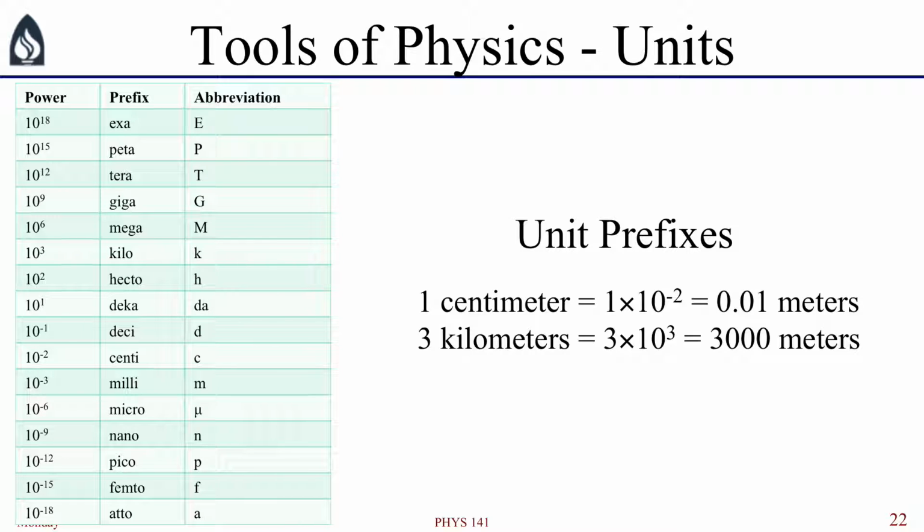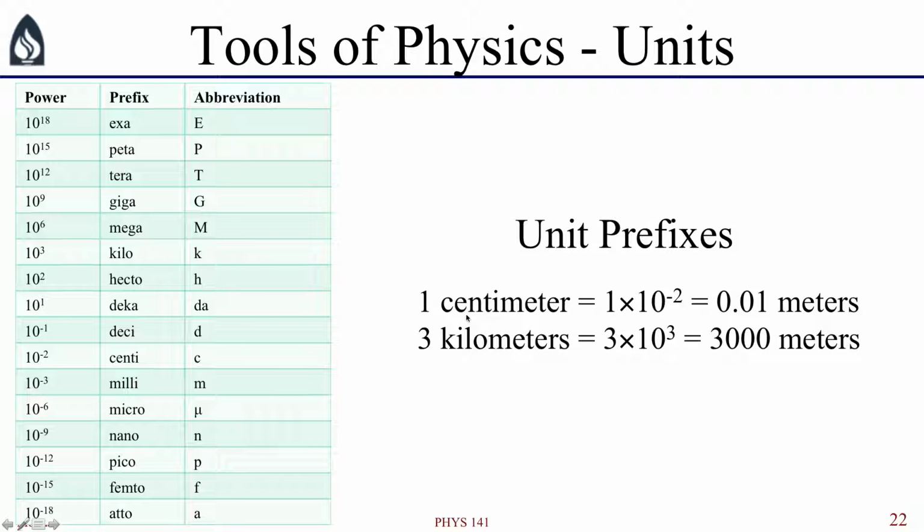Now, as we mentioned before, in physics we are describing everything from atoms and particles to galaxies. And so we need to express very wide ranges of numbers. And one of the things that helps us to do this are unit prefixes. You can see here a table of unit prefixes. The way that these prefixes work is that when you add them to a measurement, they imply multiplication by a power of 10.